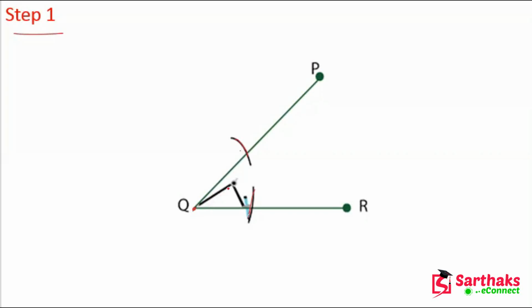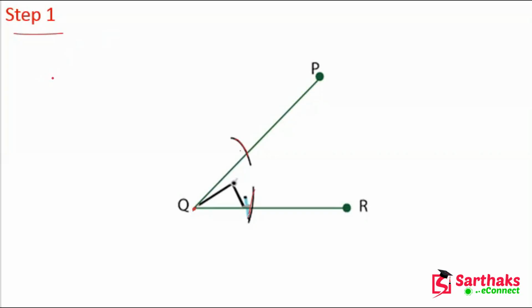This is the arc cut by the compass from the point Q. This is step number 1.